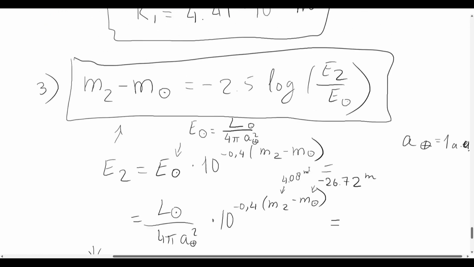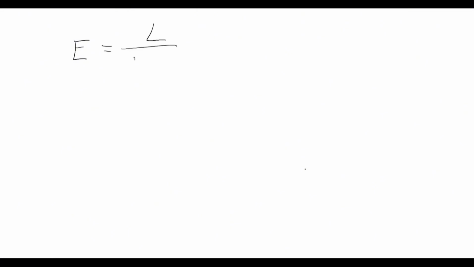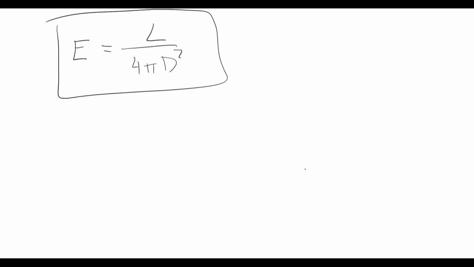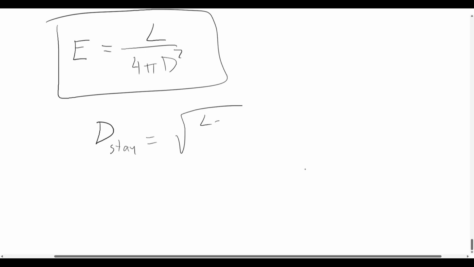Well, we can write it this way. E equals L over 4 pi D squared. We all know that, right? So then D of the star equals the square root of L2 over 4 pi E2.